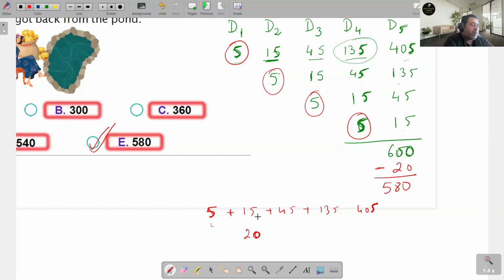The total here is 5 plus 15, 20, 20 plus 45 is 65 here. The total here is going to be, at this stage, 200, and this one over here, if you add all of these up, 405 and 540 is 605.